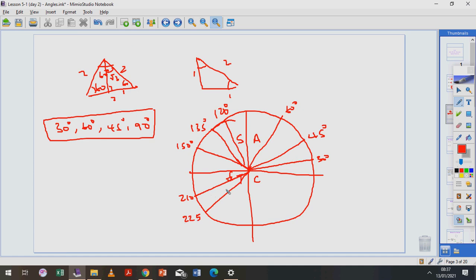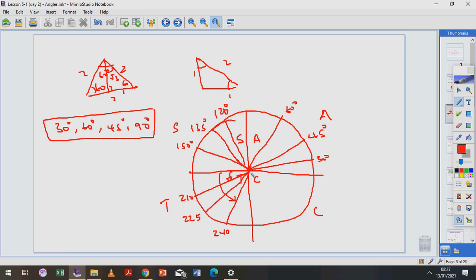Can someone else answer, please? What is the coterminal angle to 60? 240. How did you get it? You added 60 to 180, right? And just remember, the ratios are the same. The signs are different depending on which quadrant you're using, okay?